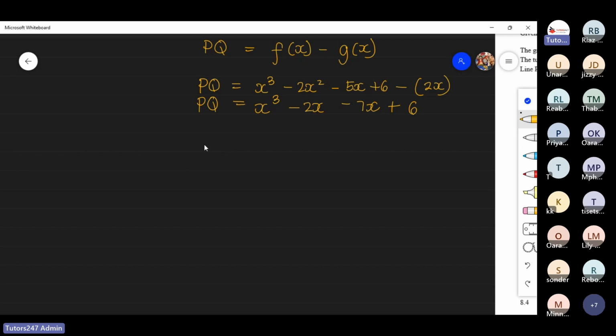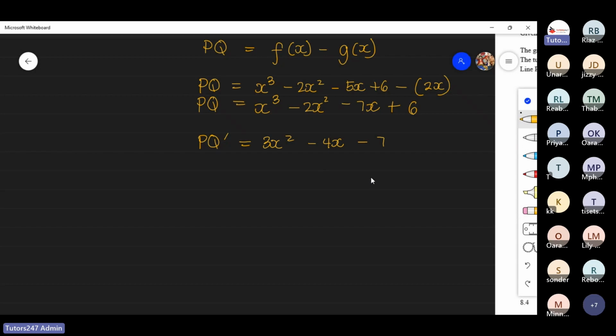So just as before, we derive once. So PQ derivative. So that is going to be 3x squared minus 2. This is supposed to be squared, sorry. So that is then going to become 4, not 2. So it's going to be minus 4x minus 7.